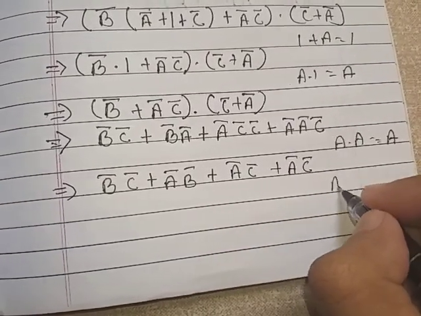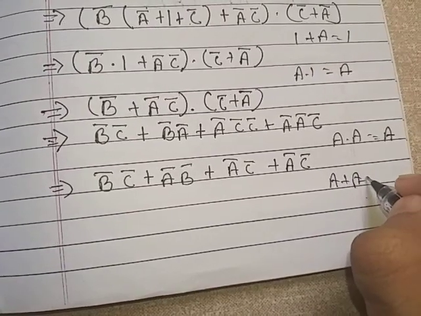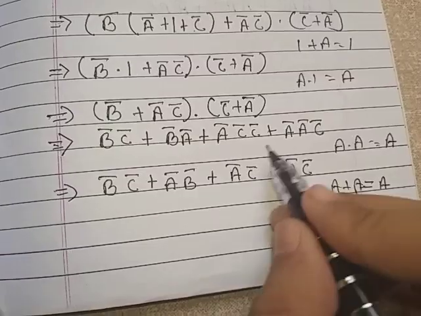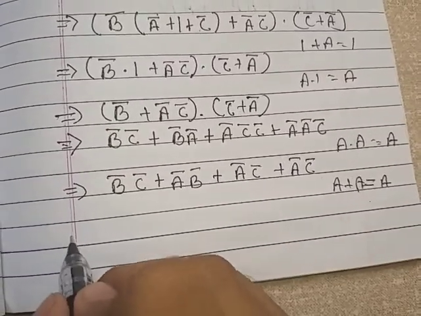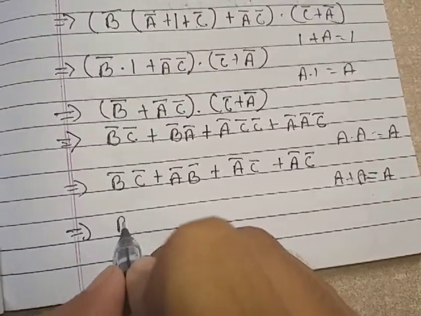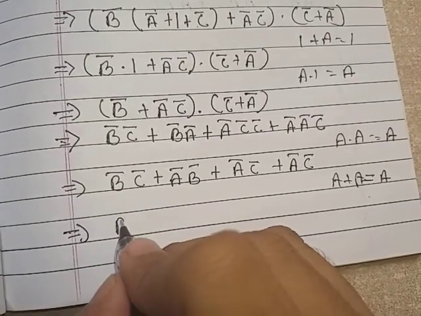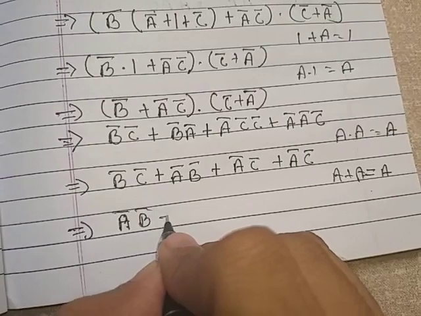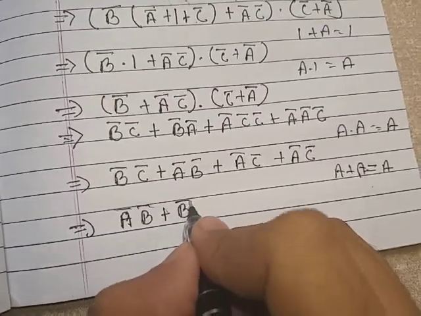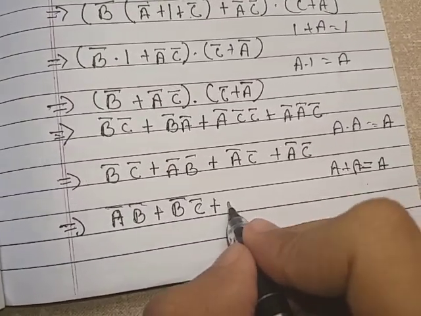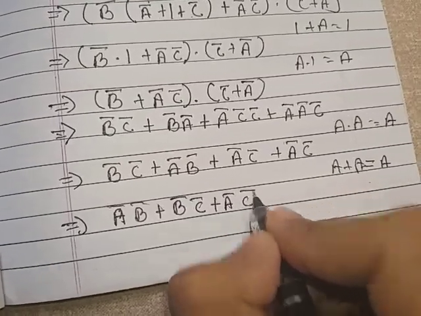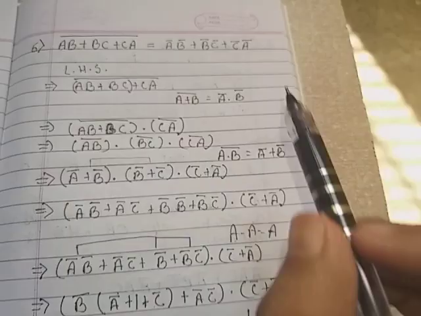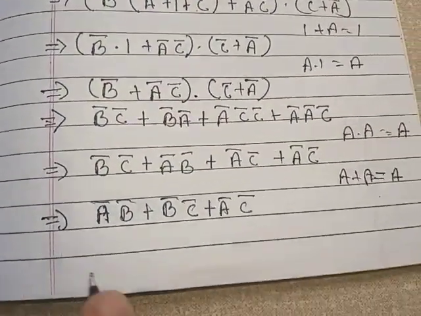Now we know that A plus A is equal to A, so A bar C bar plus A bar C bar will become A bar C bar for once. So I will get, first in cyclic order, A bar B bar plus B bar C bar plus A bar C bar. That is our answer. Now here we have C bar A bar, so we are going to write it in cyclic order.